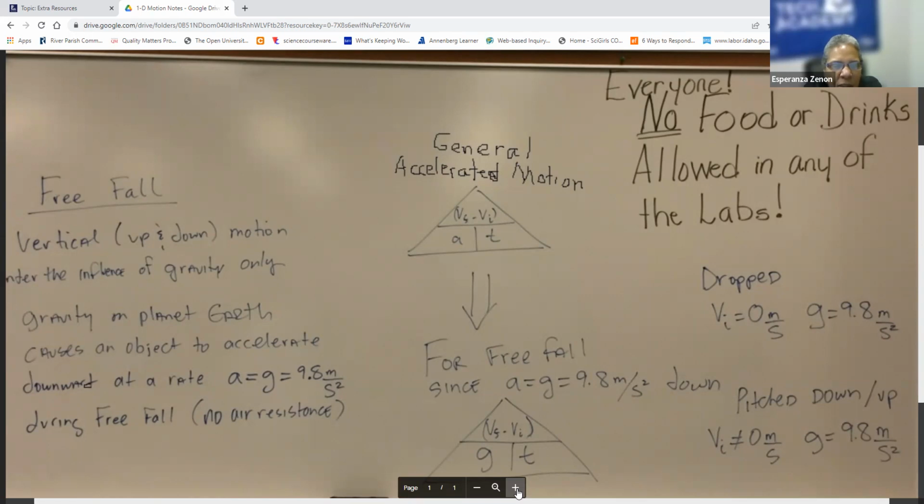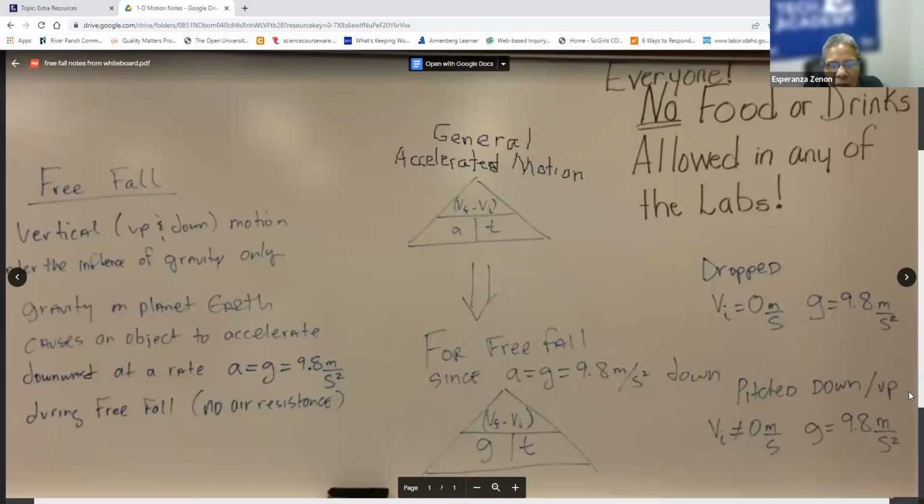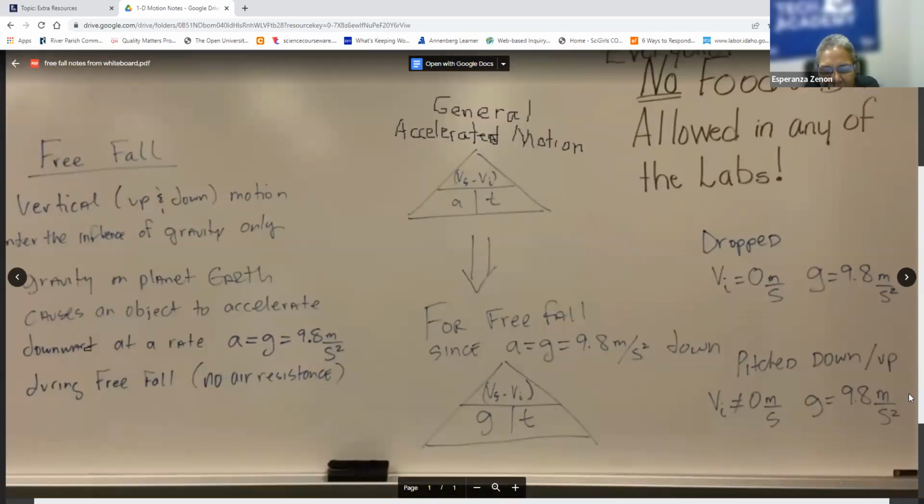Okay. And I typically tell students that first pyramid is for horizontal motion. Think of it that way. All right. What if we want to deal with vertical motion for free fall? Because that's our simplest case of vertical motion, free fall. That means the acceleration is constant, 9.8 meters per second squared down.